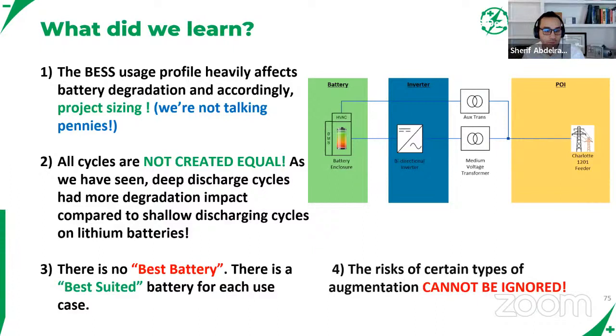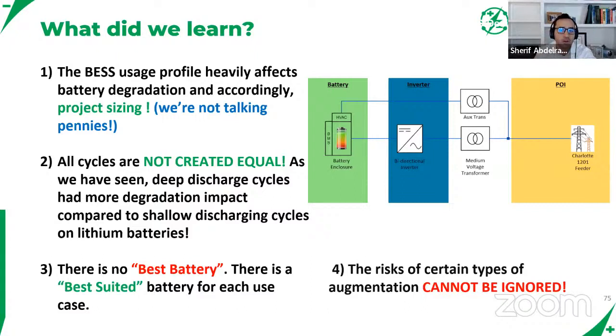Number 3: there is no such thing as a best battery. There is a best suited battery for each use case. So depending on exactly what you plan to do with the battery, if you're in PJM, or in any other ISO or RTO and planning for different services, or if you're in a tolling agreement and you know how many cycles and the type of cycles, you want to use that to find the most suited battery technology for you.